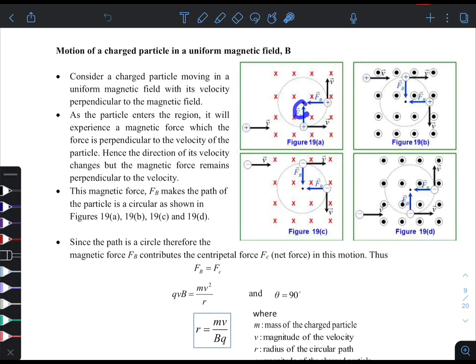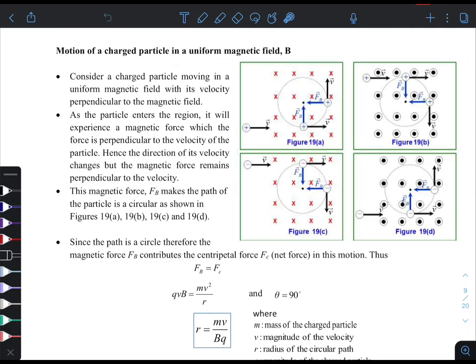This force is going to lead the charge to not move straight, but to make a circular turn here. As the charge reaches this particular point, it is expected to move upward as the velocity is in this direction. However, using the right hand palm rule, we experience a magnetic force which is perpendicular to the velocity, to the left of the page.